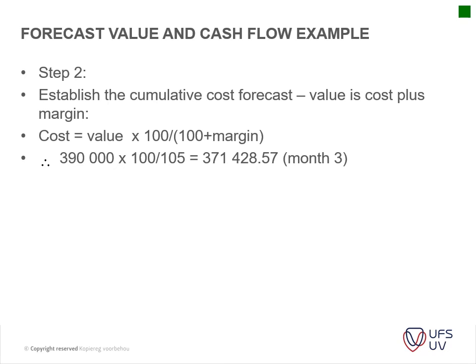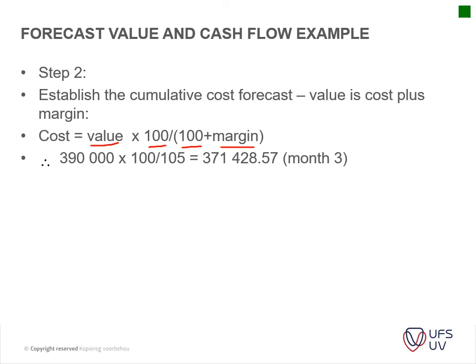Step 2 of the example is to establish the cumulative cost for this project. Your cost is your value of work done times 100, divided by 100 plus your margin.